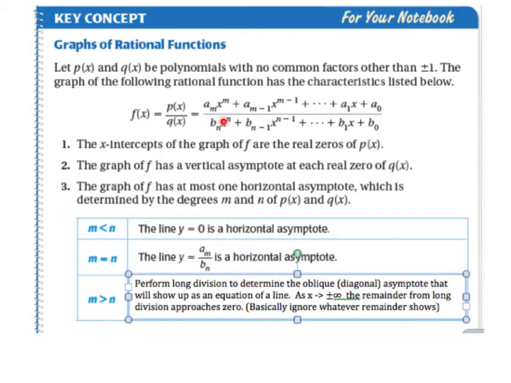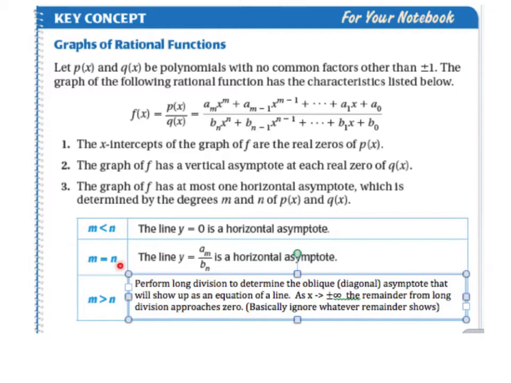And we have a degree of n. N is in Nancy. Right here for our denominator. Okay, so you're looking at this as, is this degree here less than, equal to, or greater than the denominator's degree? So if the numerator has a lower degree than the denominator, then y equals 0 is your horizontal asymptote.